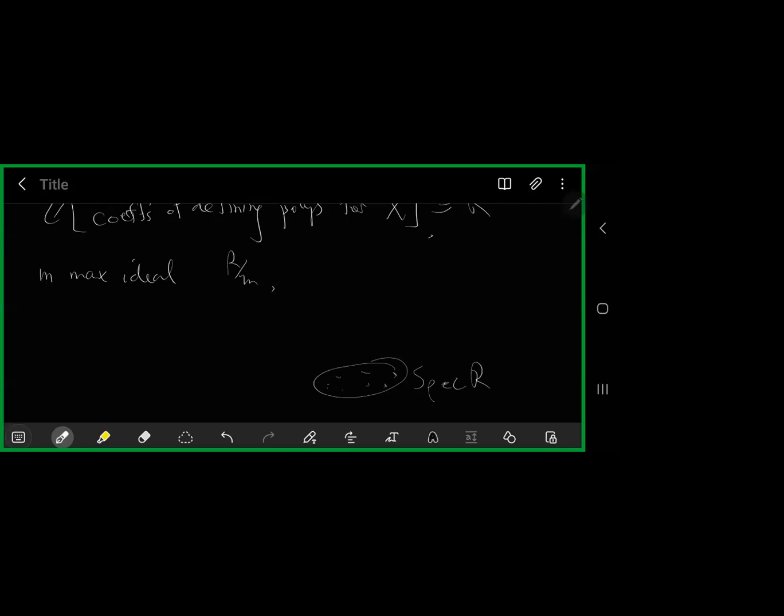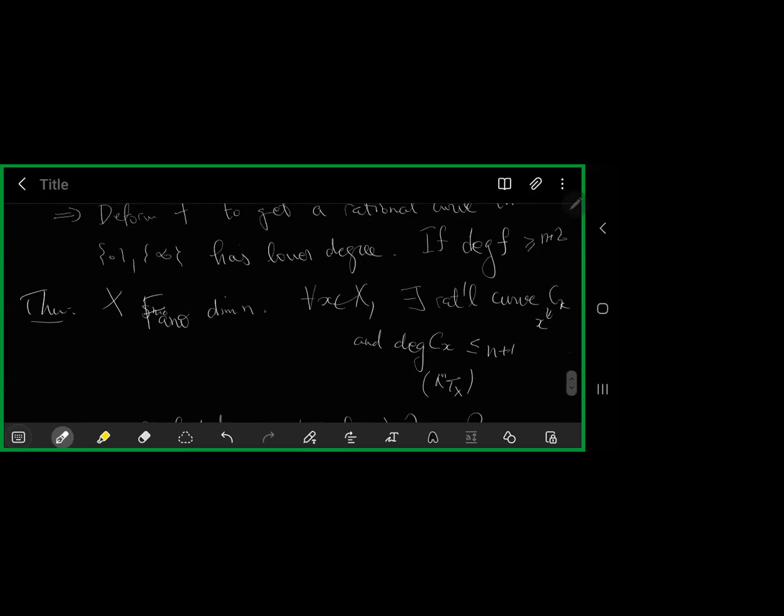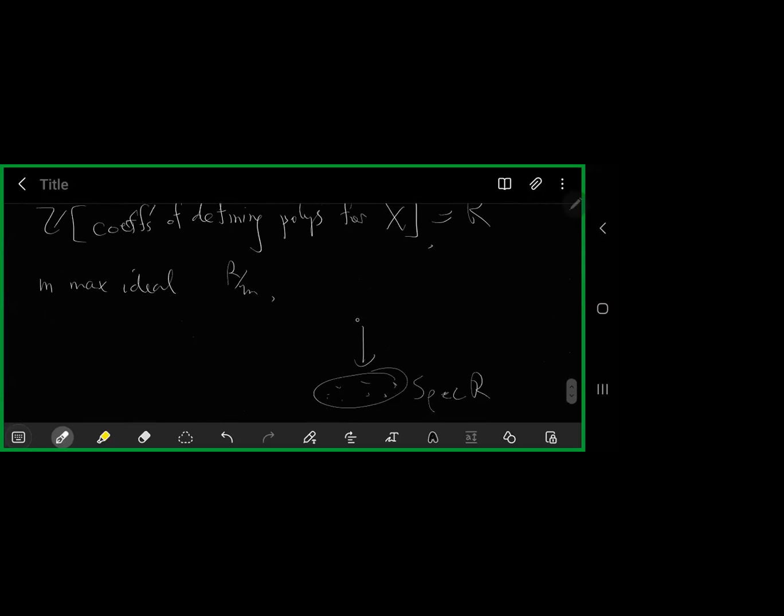So we want to say that the set where the result is true contains an open set. Okay. And to do that, it basically reduces to the fact that you have a finite degree because you look at the space of maps of degree at most m plus 1 from P1_R into, let's just say X_R, yeah, X_R.